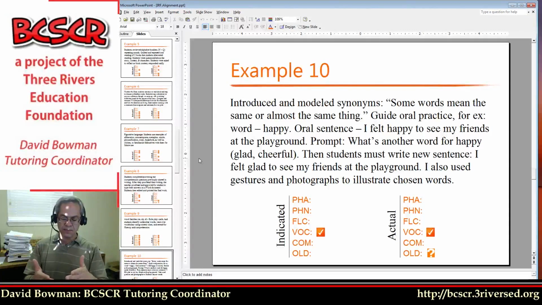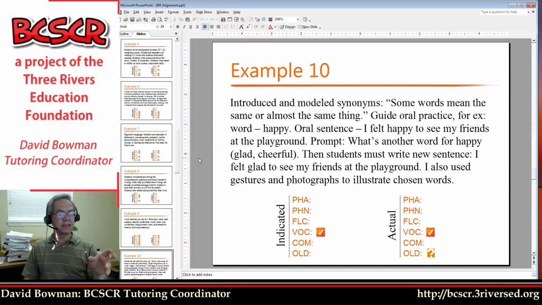One of the basic premises of the BCSCR tutoring model is that every week we're going to address every single reading component. So if we have a 2-hour session occurring once a week, well then in that 2-hour session we should be addressing all of them. This really is not enough instructional content for a 2-hour stretch with the students.